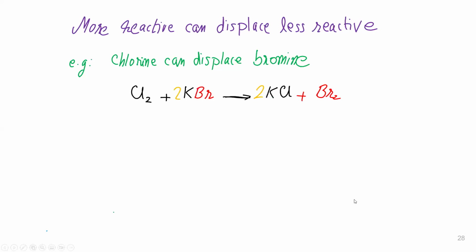Now, look at the reaction. Cl2 plus KBr gives you 2KCl plus Br2. Look, chlorine has displaced bromine. You have to copy this.